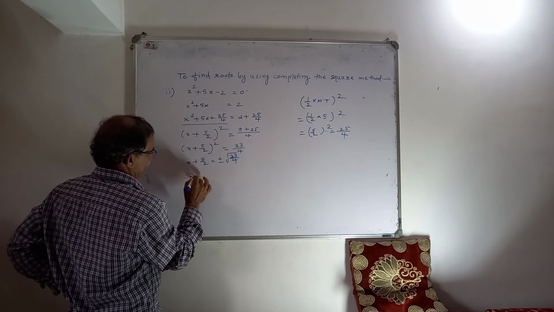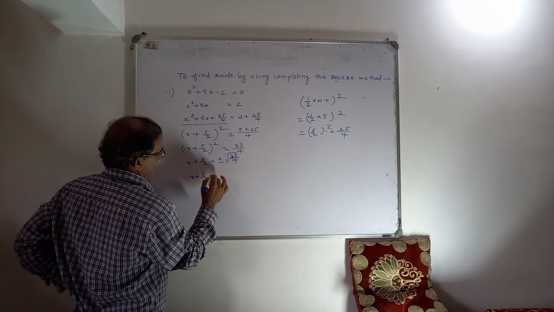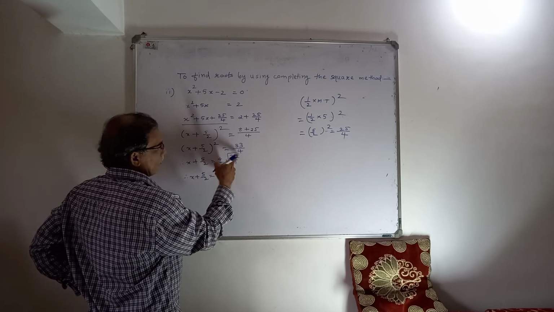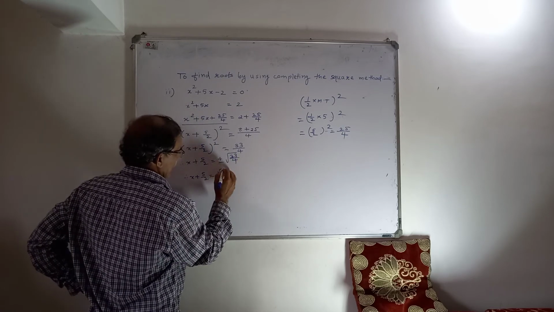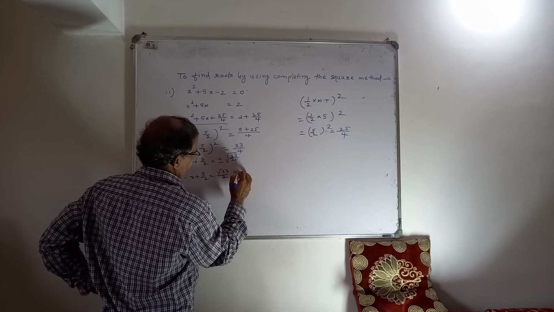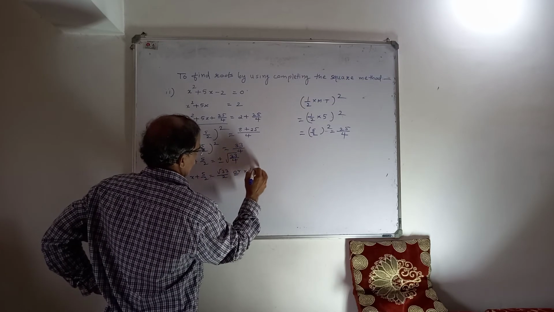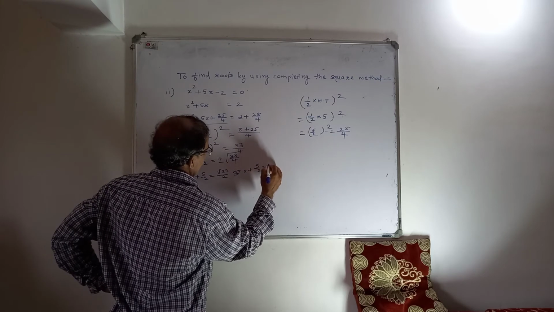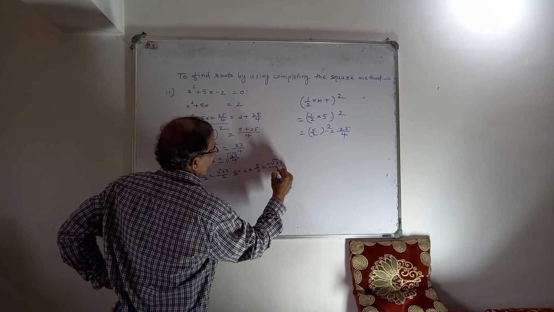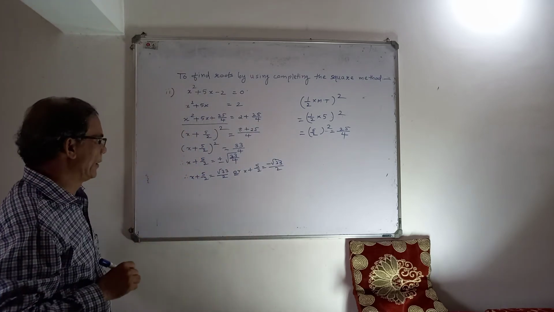And therefore, x plus 5 by 2 is equal to square root of 4 you can write, but root 33 we don't know. So, it is root 33 upon 2 or x plus 5 by 2 is equal to minus root 33 upon 2, isn't it?